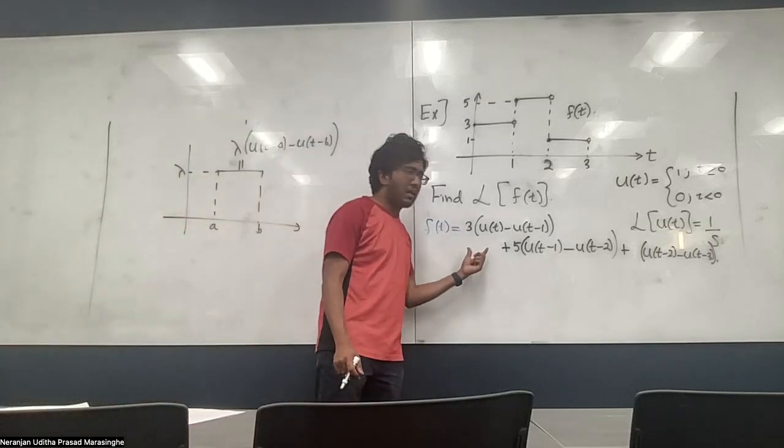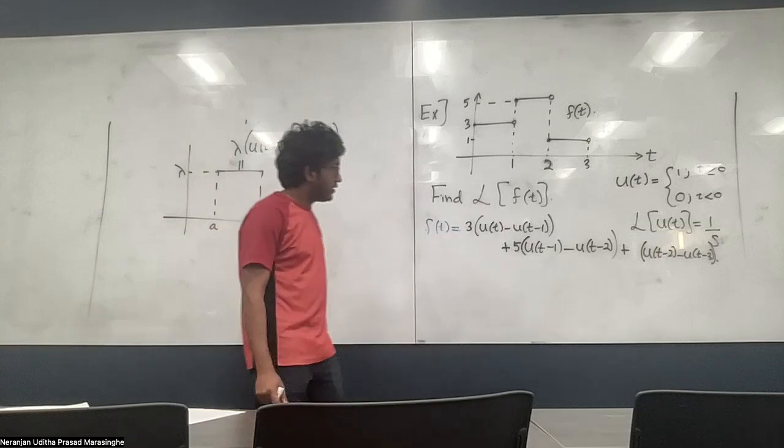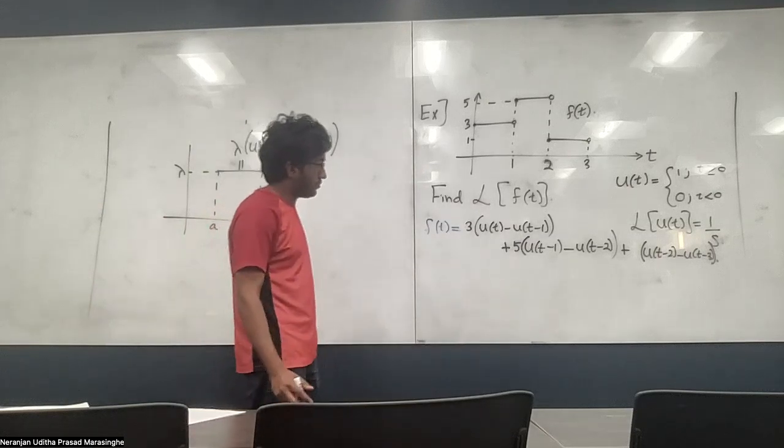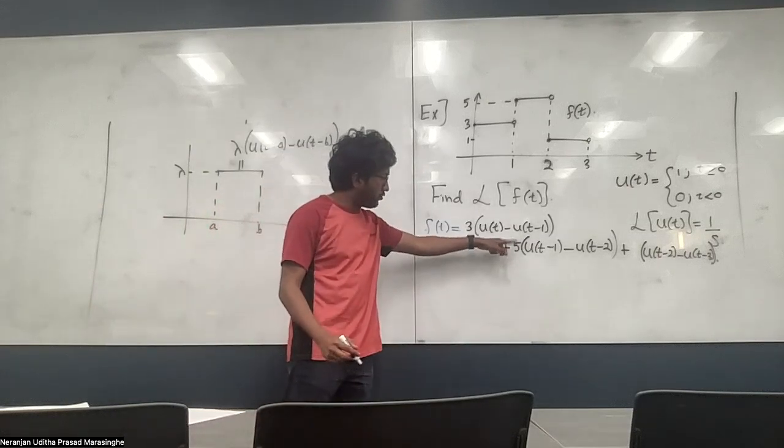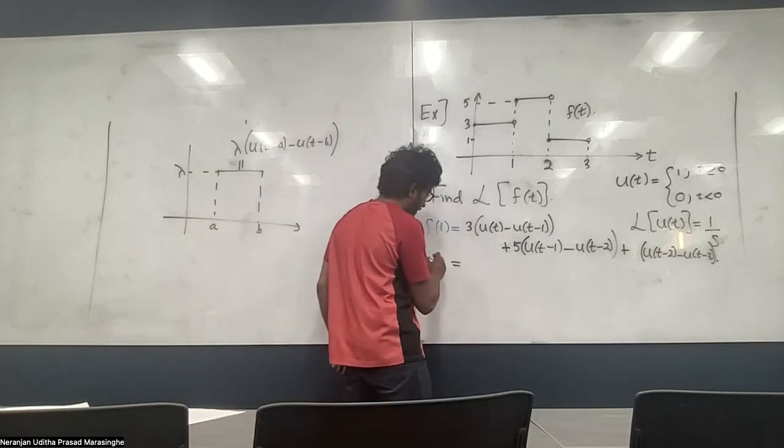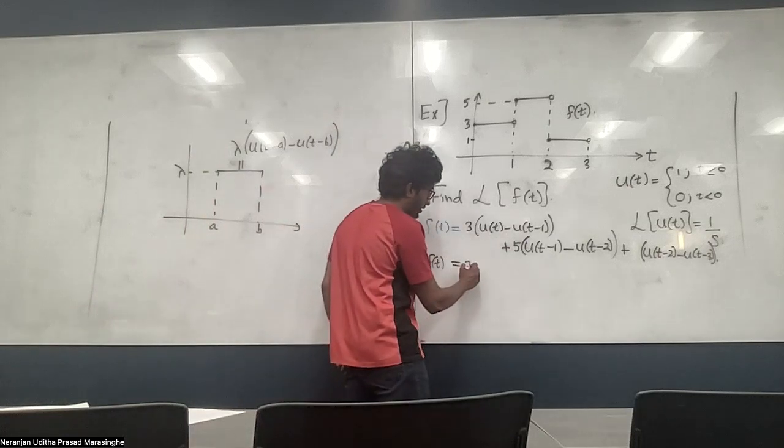So this is my function, and now it's easy to evaluate the Laplace transform. How do I evaluate it? First, collect the coefficients of each u(t minus 1), and so on.